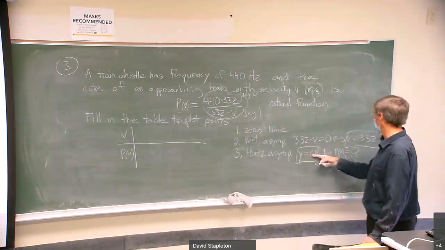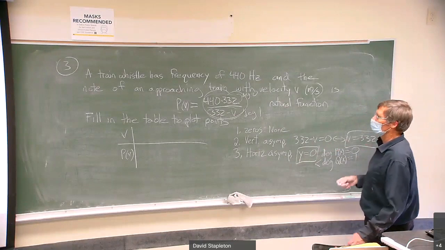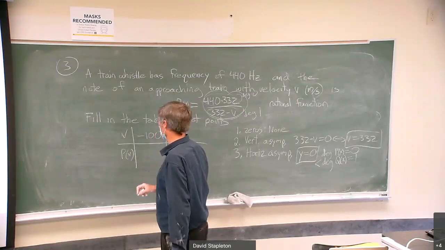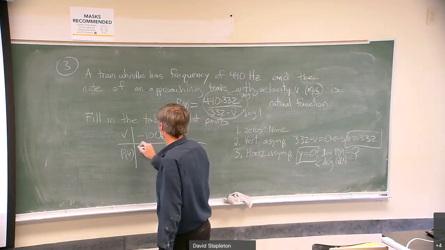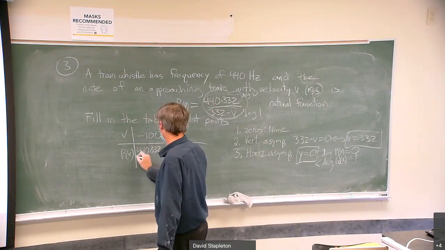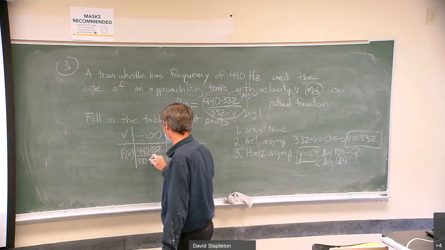So I have a horizontal asymptote y equals 0, a vertical asymptote v equals 332, and I plot a bunch of points here. Suppose the thing is going at 100 meters per second towards us. What's p of v? Well, I just plug it in. 440 times 332 over 332 minus a negative 100.